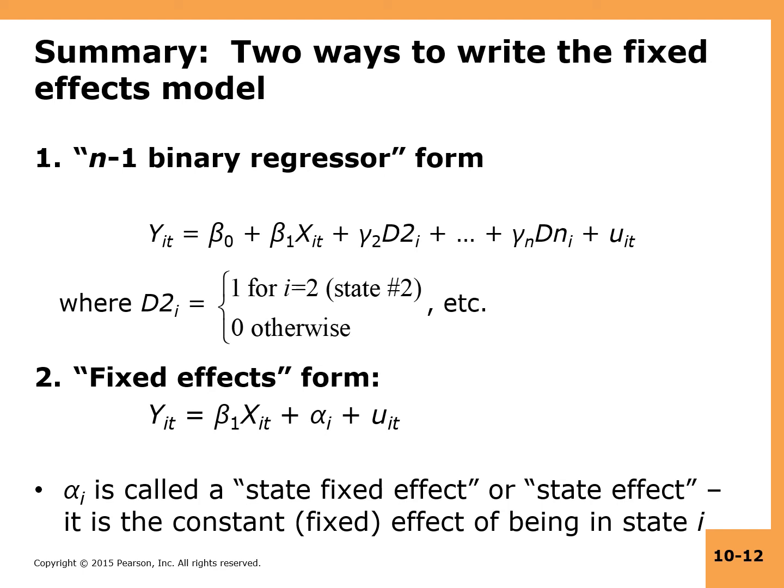And another way is to write it in fixed effects form, where in our case, the entity that was not changing over time was state, so we call this state fixed effect or state effect. The reason we call it fixed effect is because the effect of being in state i is constant over time.